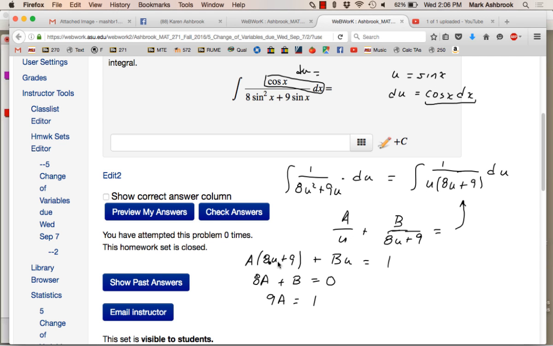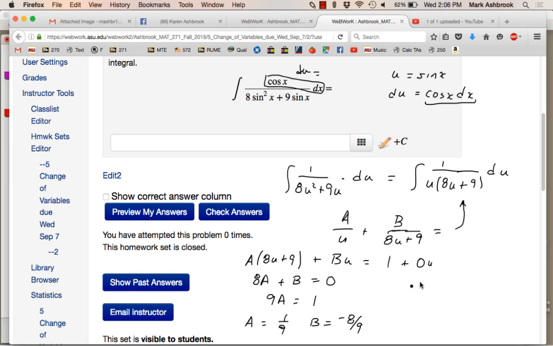So the 8au and bu, we have 0u over here. And then 9a is my only constant term, so that has to equal 1. So then a equals a ninth, and b equals negative 8 ninths. Check my math. Is it right?